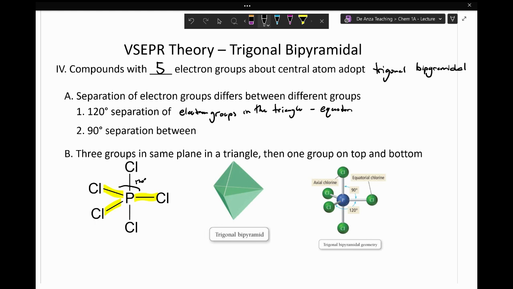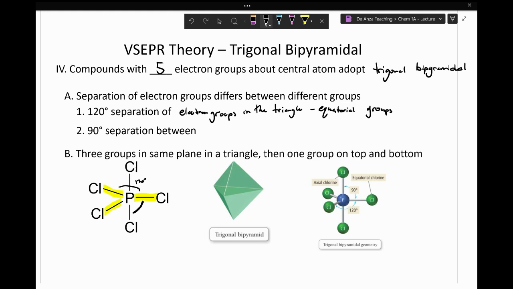So equatorial groups. And equatorial is E-Q-U-A-T-O-R-I-A-L, equatorial. And so the separation of our groups that are up and down and those that are in the triangle is 90 degrees.